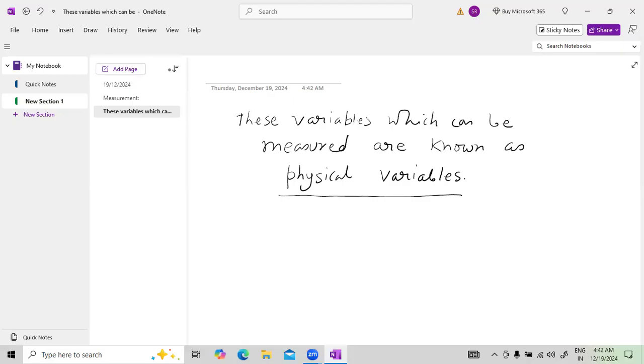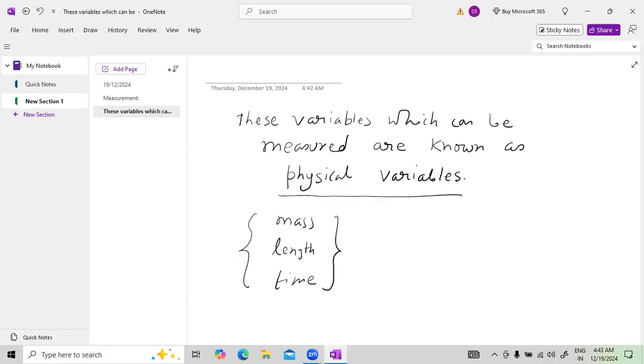These variables which can be measured are known as physical variables. So we have come to know that the three basic variables are mass, length, and time.